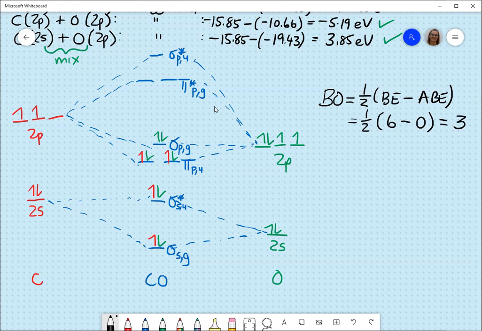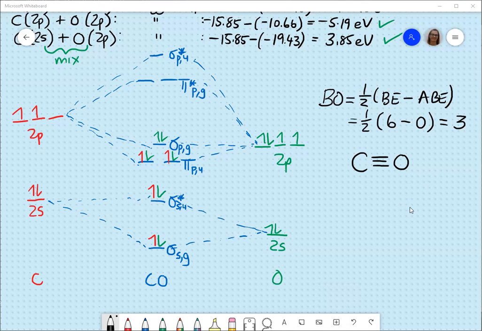This is consistent then with the Lewis diagram for carbon monoxide, where we put carbon and 3 bonds to an oxygen. Okay, so that's how we would solve the drawing of the molecular orbital diagram for carbon monoxide and to calculate its bond order.